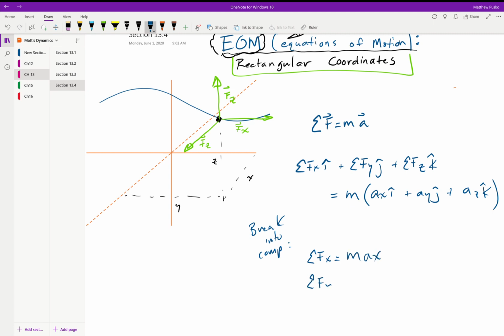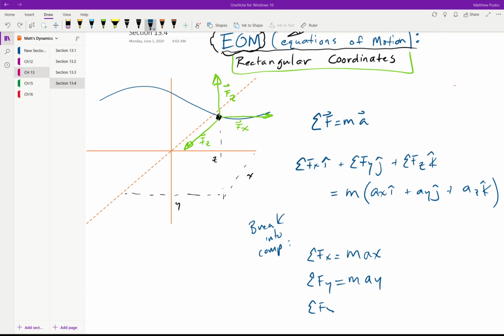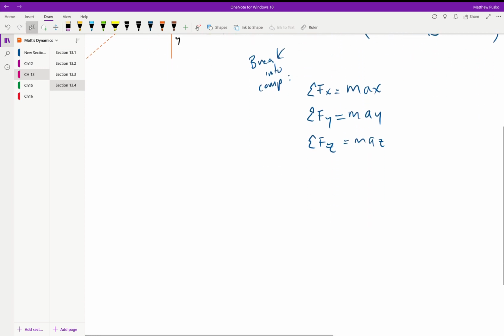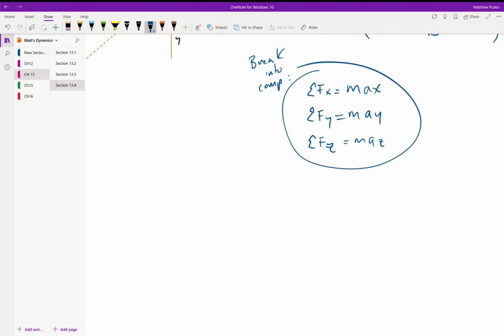The summation of the forces in the y equals mass times the acceleration in the y. And the summation of the forces in the z direction is equal to mass times acceleration in the z. Alright, this is rectangular coordinates. These are our EOMs, equations of motion.